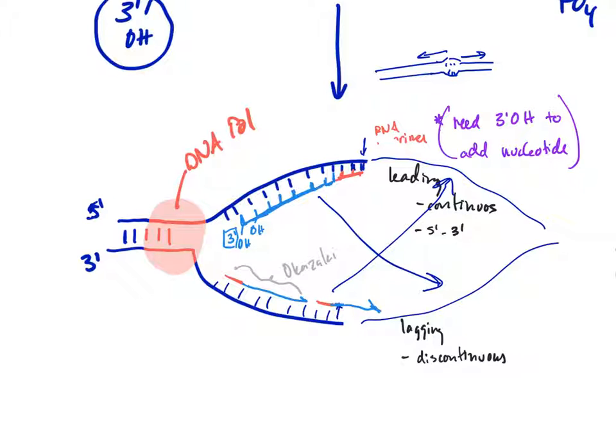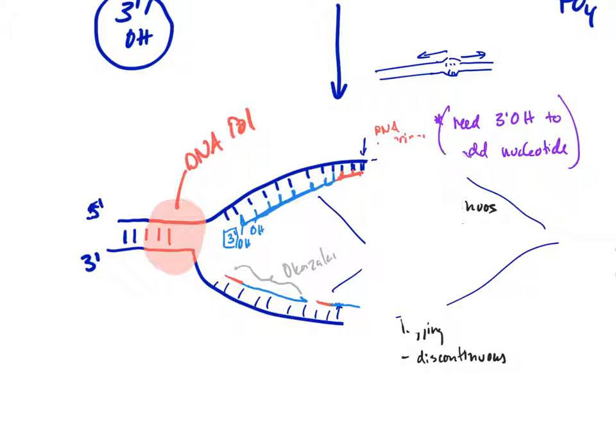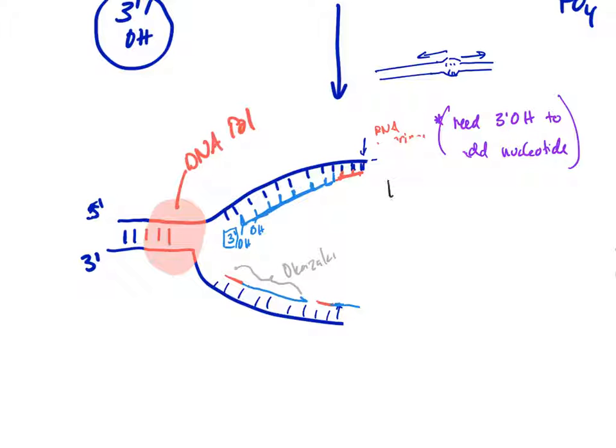But as it moves within the replication fork, we're just looking at half of the bubble. You're going to have a leading strand and a lagging strand. The leading strand goes towards the replication fork, while the lagging goes away from the fork.